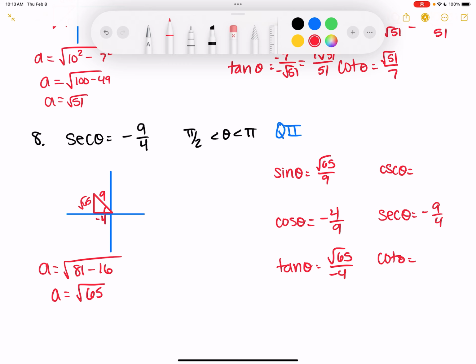Cosecant? Yep, the 9 over square root of 65, or 9 root 65 over 65. And cotangent? Yep.